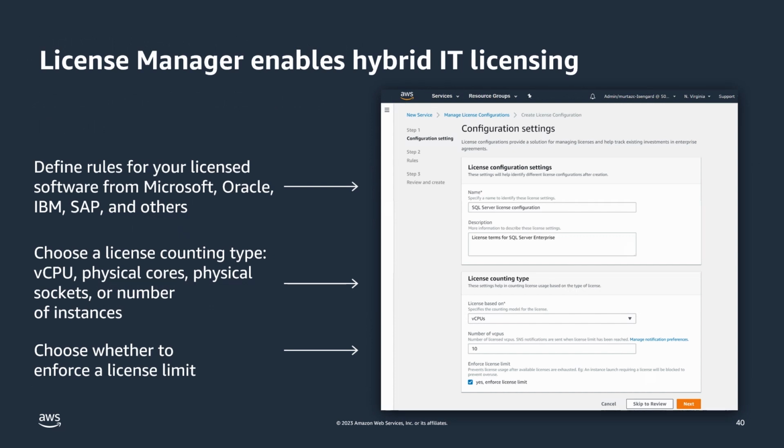Here's a screenshot. This is how a customer would first be presented with License Manager. They'll start by defining the rules for their software as they understand them. Different software has different rules: Microsoft, Oracle, IBM, SAP, could be something else. Customers will choose a license counting type based on their understanding. Some products are licensed by vCPU, some by physical core, some by socket, some by instance, and the customer will choose whether or not to enforce a limit.